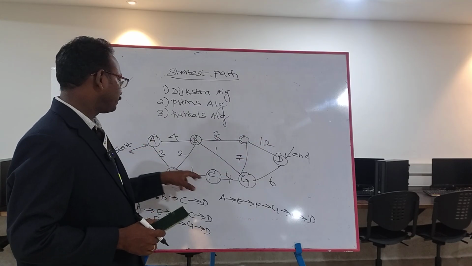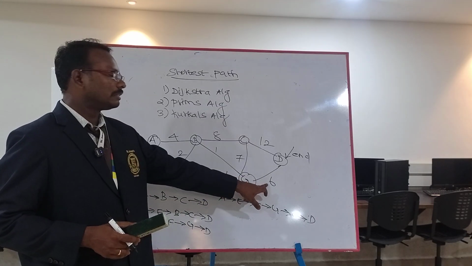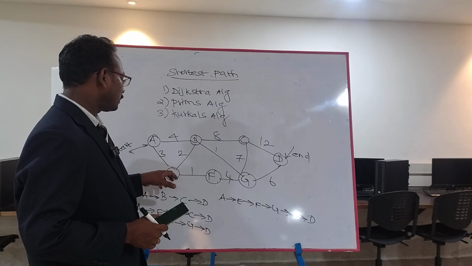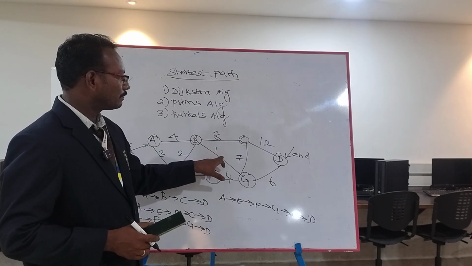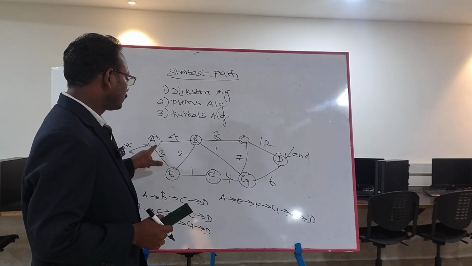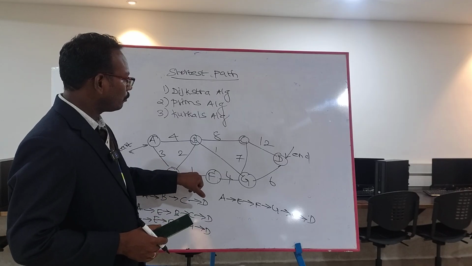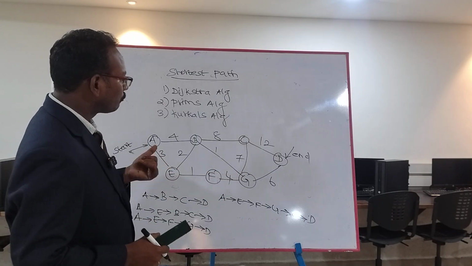By using this path, we can define 3 plus 1, 4, 4 plus 4, 8, 8 plus 6, 14 is the cost. We can define this path 3, 5, 6, 6 plus 6, 12. And we can define this path 3, 4, 4 plus 4, 8, 8 plus 6, 14.